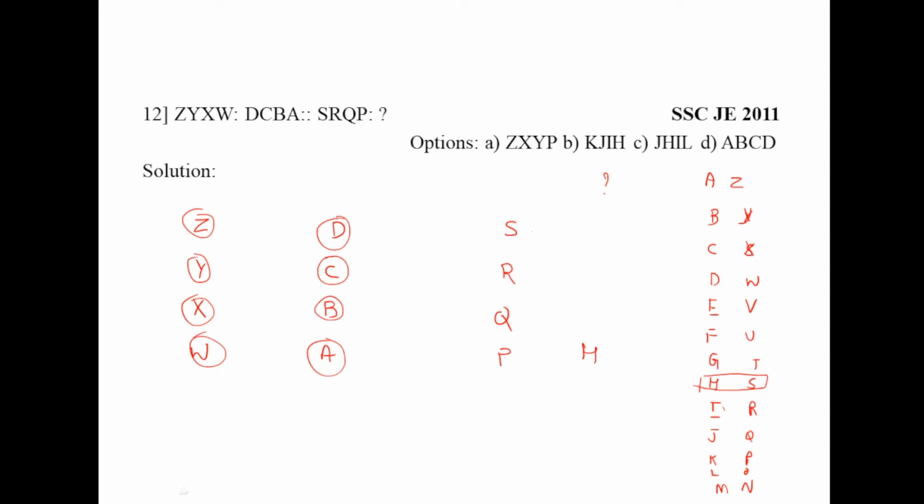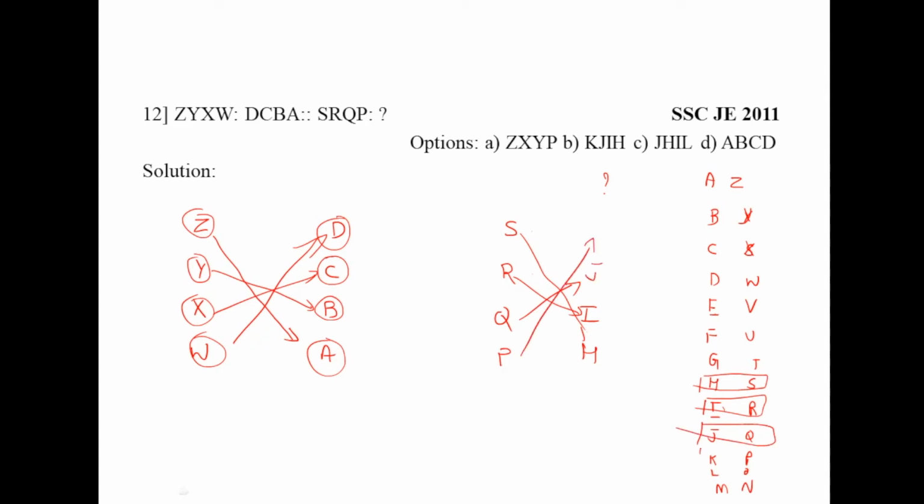Next, for R it is I. It moves like this in the opposite directions, right? So for S I have H, for R I have I, for Q I have J, and for P I have K. Just check whether my answer for this question, K, J, I, H, is there in the options.